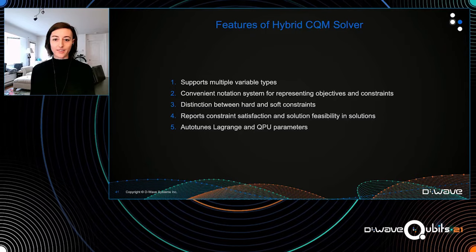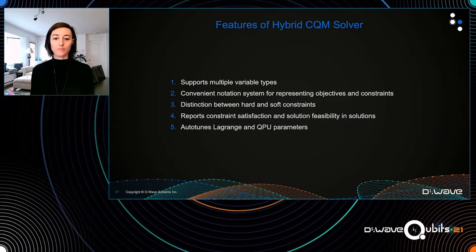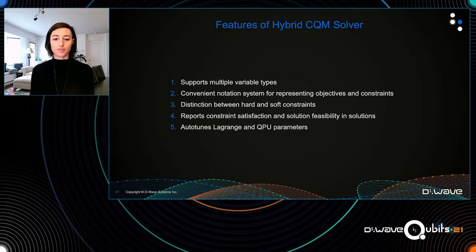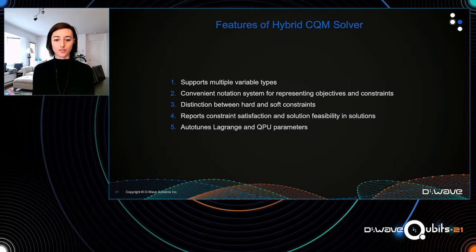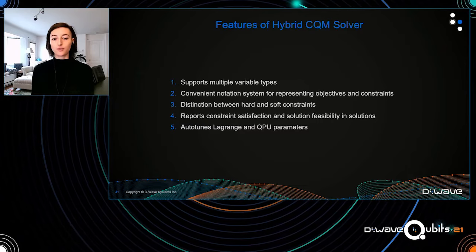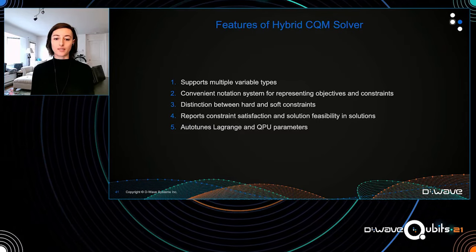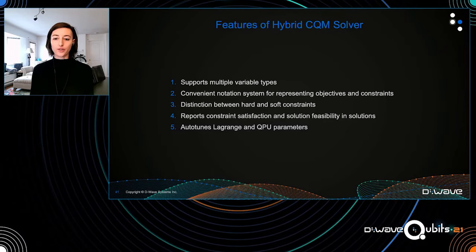And the last point, and there was a question about this at the end of Victoria's talk, is that the CQM solver now auto-tunes Lagrange parameters. Lagrange parameters, like you saw, are the weights on the constraints. If you choose to use the CQM solver, you no longer have to worry about tuning those Lagrange parameters yourself. Now we do that for you.